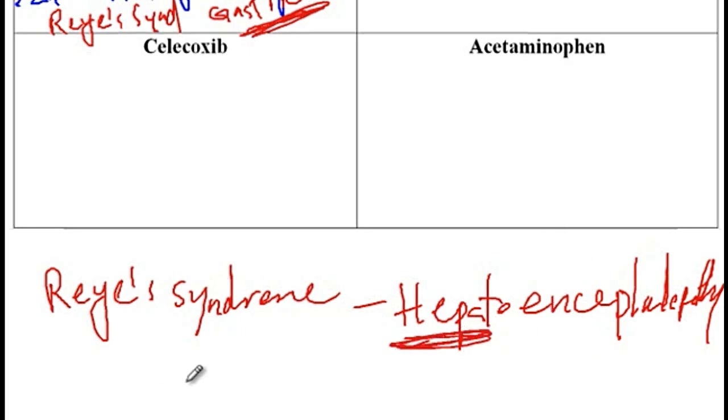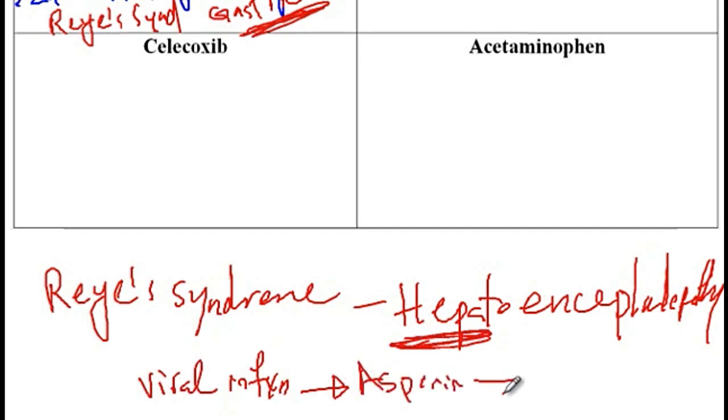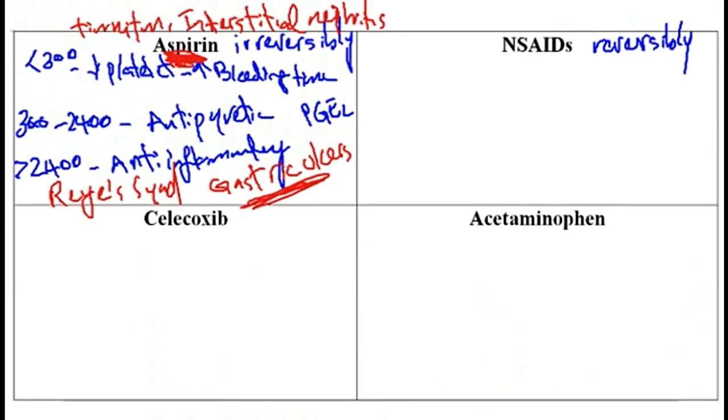So if you have a child that had a viral infection and then the parents tried to control the fever by giving the patient aspirin, and then later on the patient developed coma as well as seizures, then you have to suspect Reye's syndrome in these children. And then you should also know that the only case where you can use aspirin in children is in patients that have Kawasaki syndrome.